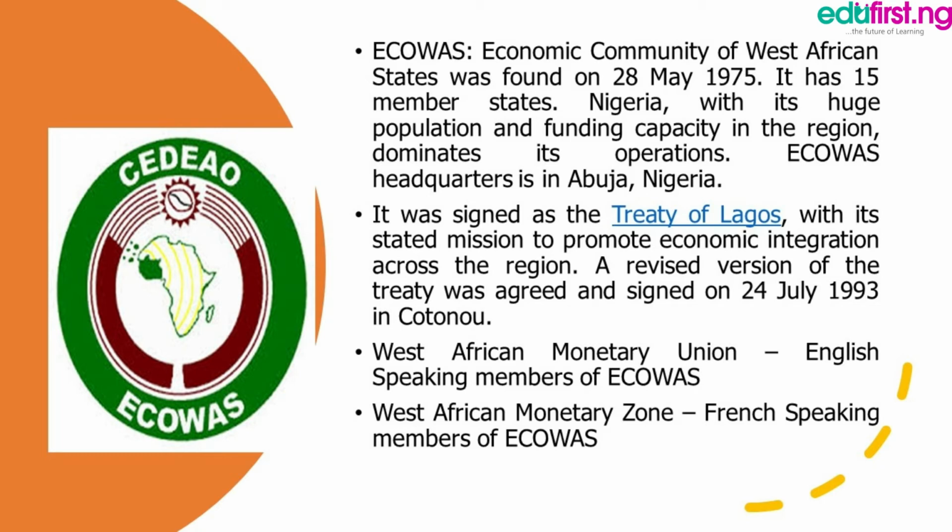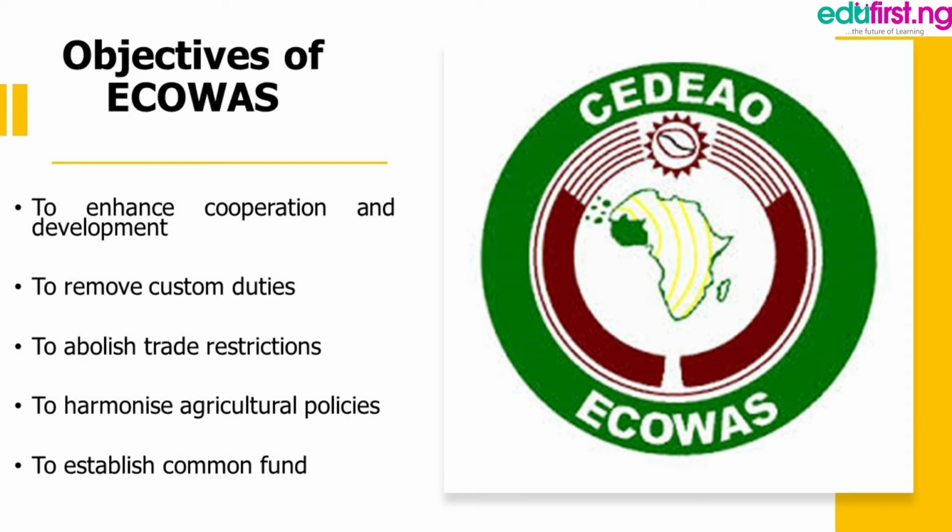ECOWAS can be broken into two. We have the West African Monetary Union, that is by the English-speaking members of ECOWAS, and West African Monetary Zone, that is the French-speaking members of ECOWAS. Now let's look at the objectives of ECOWAS: to enhance cooperation and development, to remove custom duties, to abolish trade restrictions, to harmonize agricultural policies, to establish common fund.